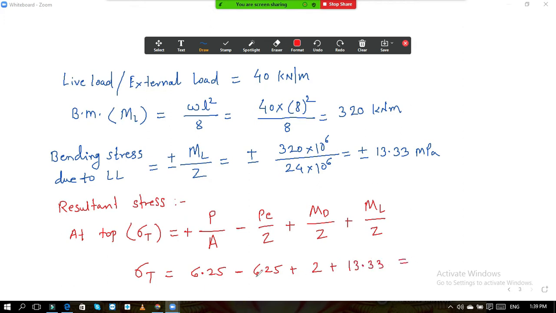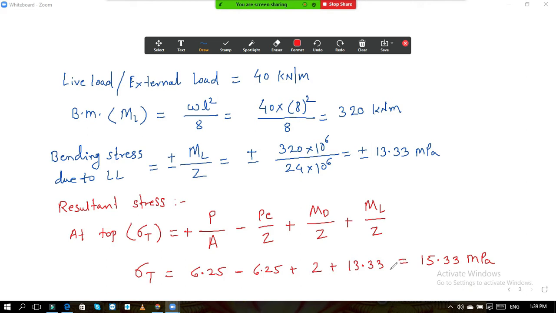So this will get cancelled. 13.33 plus 2 is 15.33 Newton per mm square. This is your resultant stress at top.